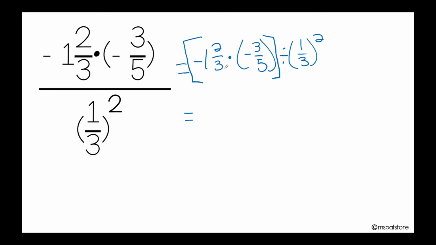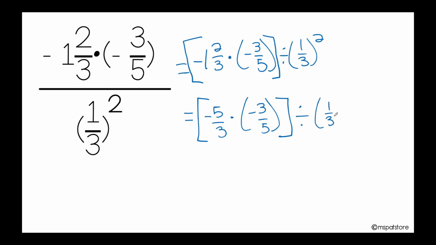So 3 times 1 is 3, plus 2 is 5. So -1 2/3 is actually -5/3, okay? Times -3/5. Let me close my bracket. Divided by 1/3 to the power of 2.